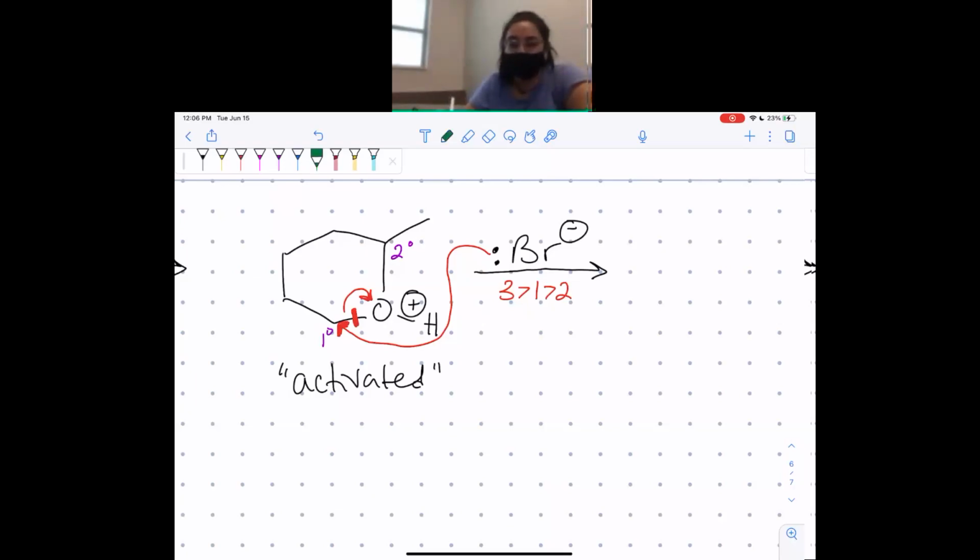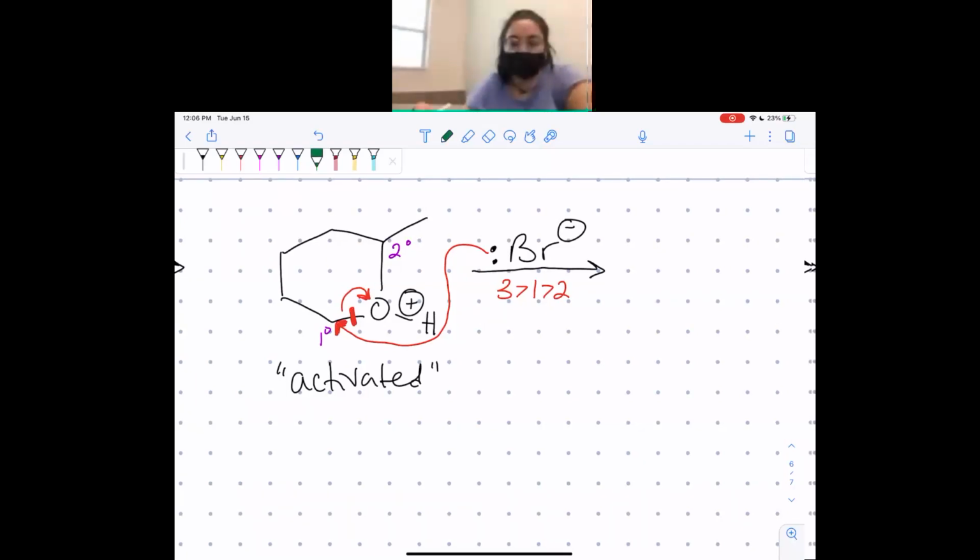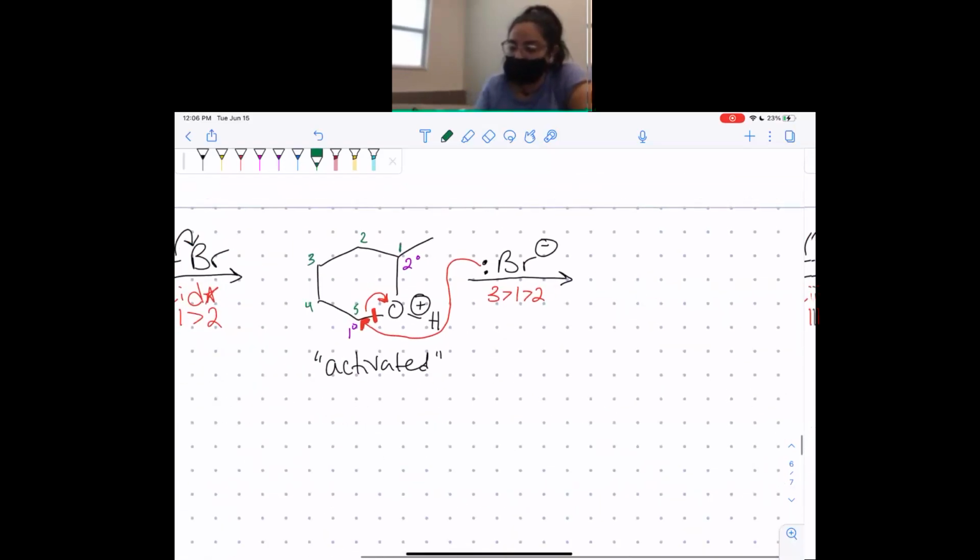It doesn't really matter where you start counting. I like to start from the least hectic side. So I'm going to say 1, 2, 3, 4, 5. And so we know we have a 5 carbon chain.